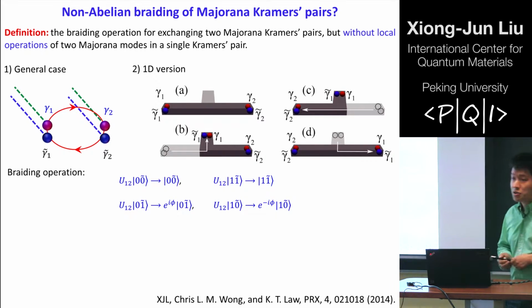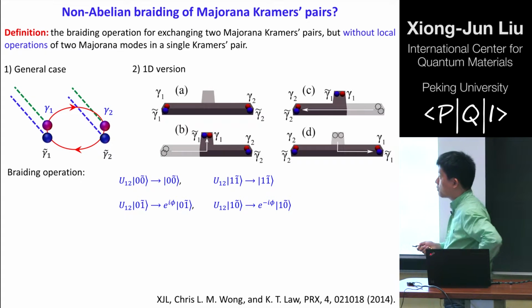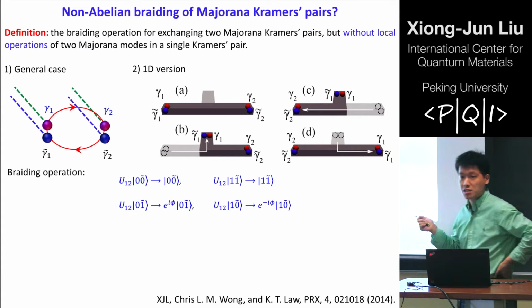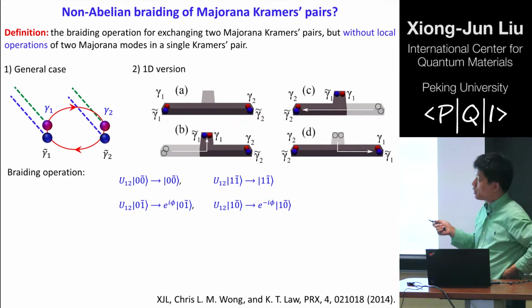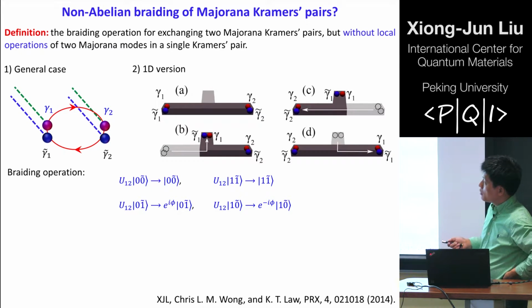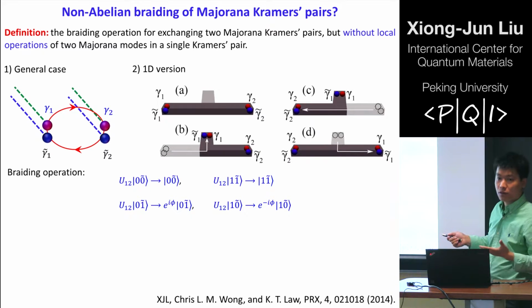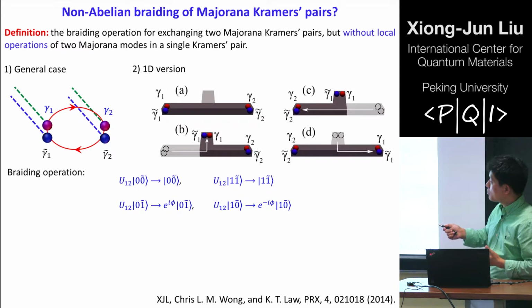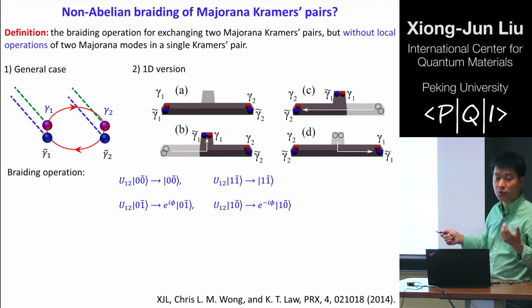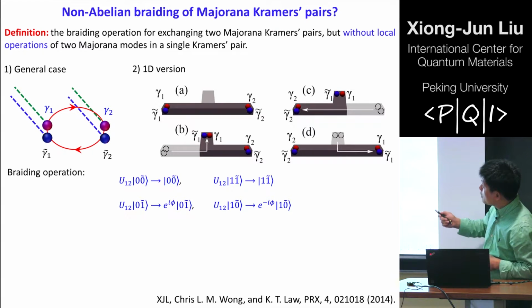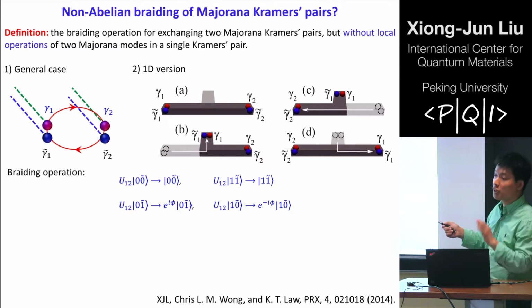So first of all, we can prove this result based on this definition. To understand the braiding rule for this process, we only need to figure out how the qubit states evolve after this braiding. Here, since we have four Majorana fermions, you have two qubit states.